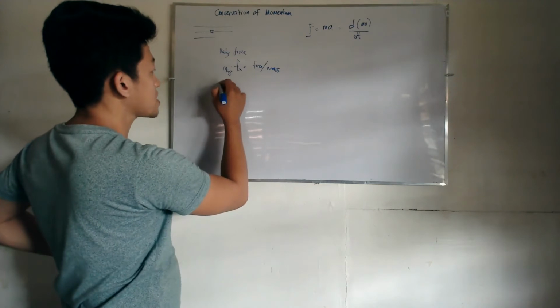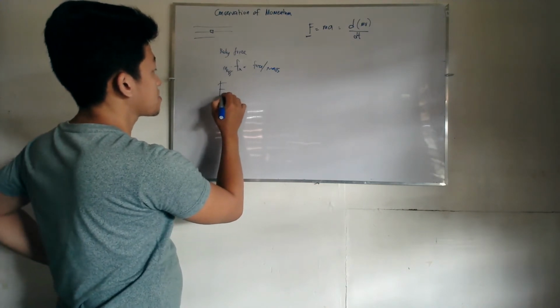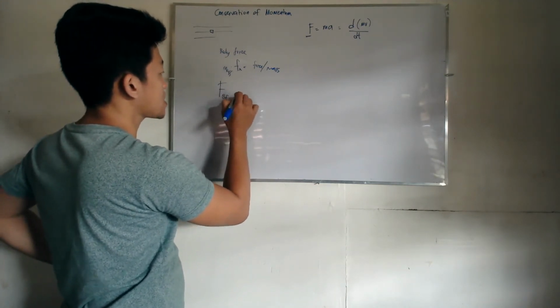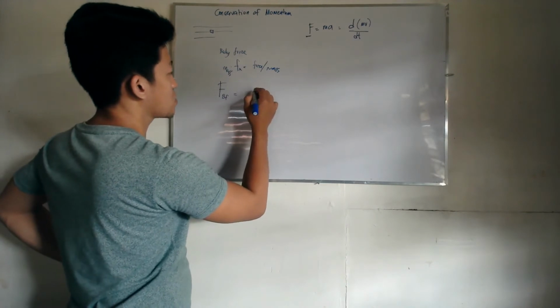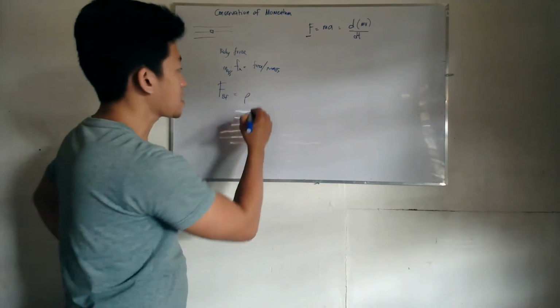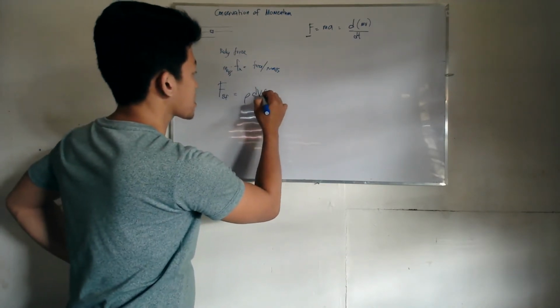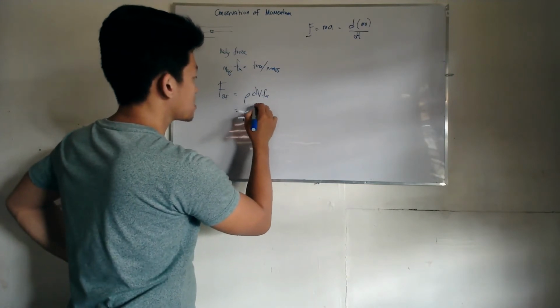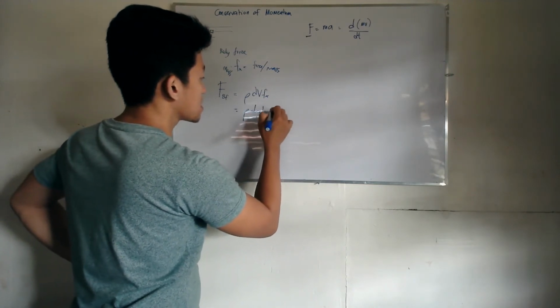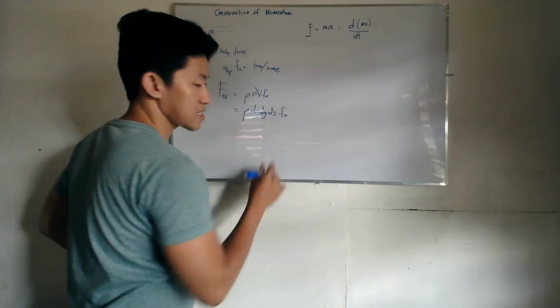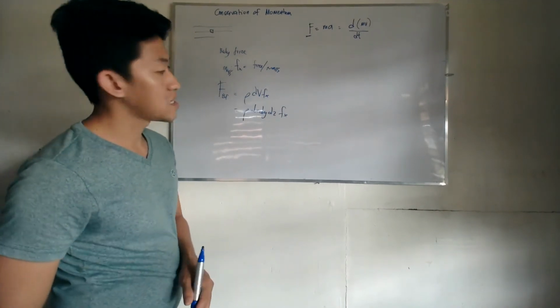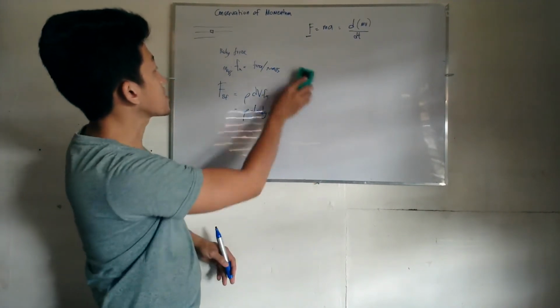So the body force is rho dv fx. This is rho dx dy dz fx. Okay?